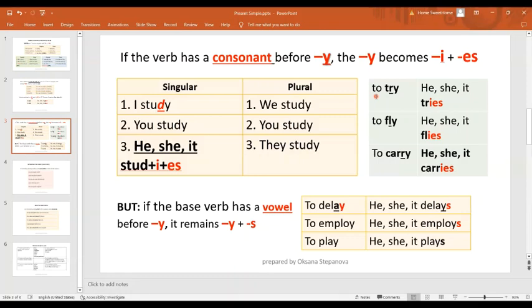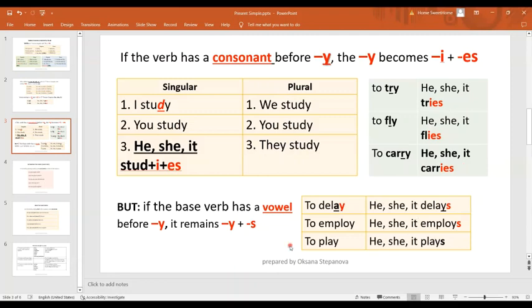Let's put the infinitive to try into a sentence and change it according to the rules of the present simple. He tries. So we remove Y and we get ies. She tries, it tries. To fly. He flies, she flies, it flies. To carry. He carries, she carries, it carries.